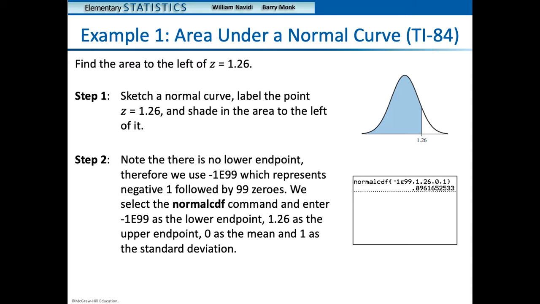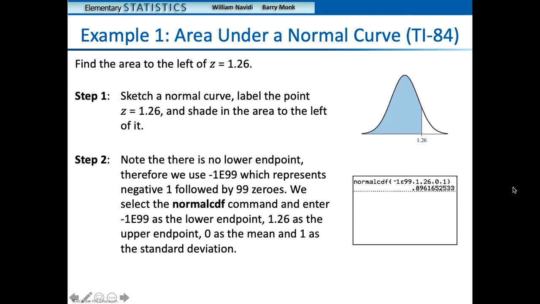Okay. So that's what we would put as the lower endpoint. And then the upper endpoint is the distinct value 1.26. Okay. And then because this refers to the standard normal curve, we would put 0 as the mean and 1 as the standard deviation. And then you would run the command and the area should show up on your screen.